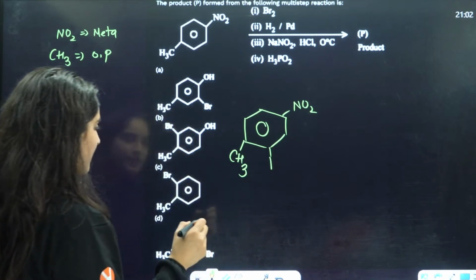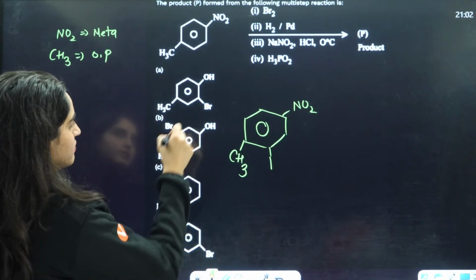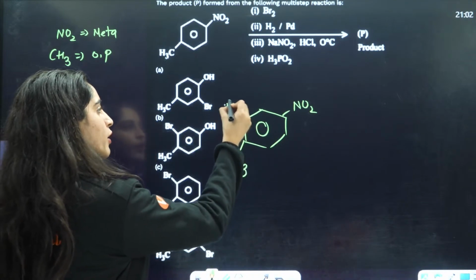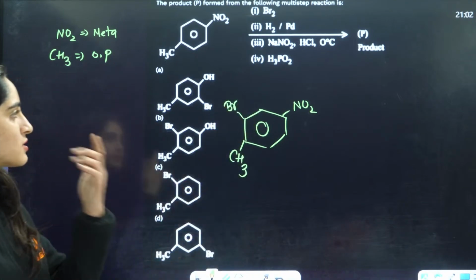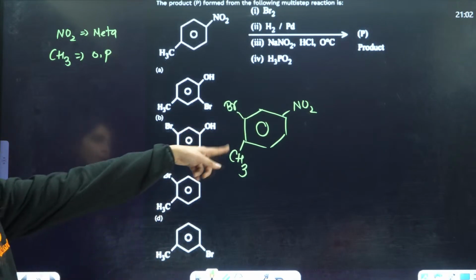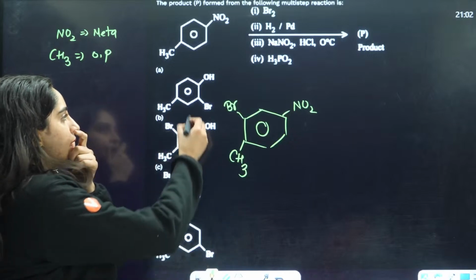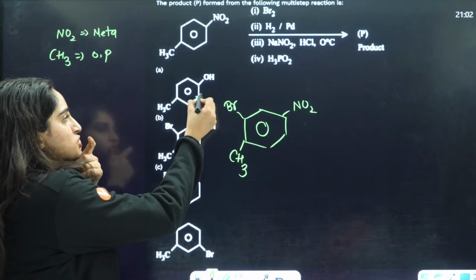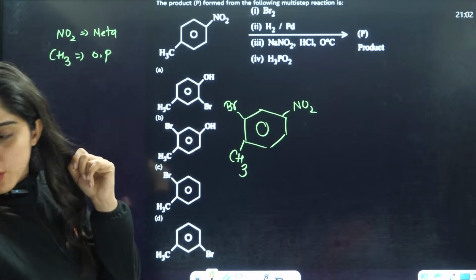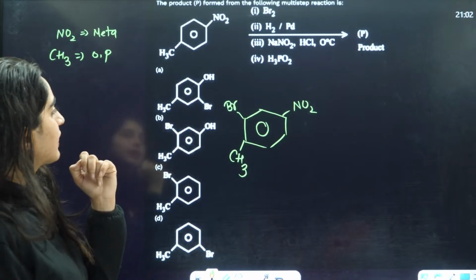Have they mentioned Br in any position? No, they have not mentioned any position, so I'll just draw it here, because in the option it is on the ortho position. Understood, guys?